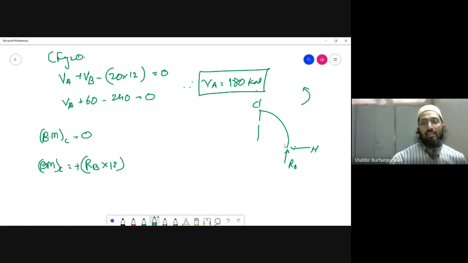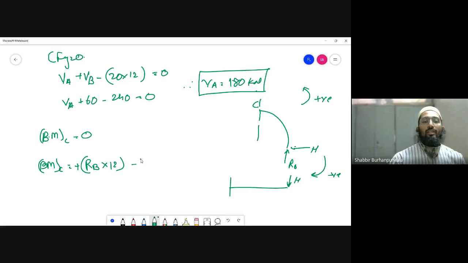And H, if this was a beam, and this is your H, and this is point C, what is its direction of rotation? Try to understand. The direction of rotation would have been downward. It would try to press the beam in downward direction, or you can say in the clockwise direction. So for right hand side, this is the sign convention. We already know that this is positive and this is negative. I have made you understand the hogging and sagging ones.